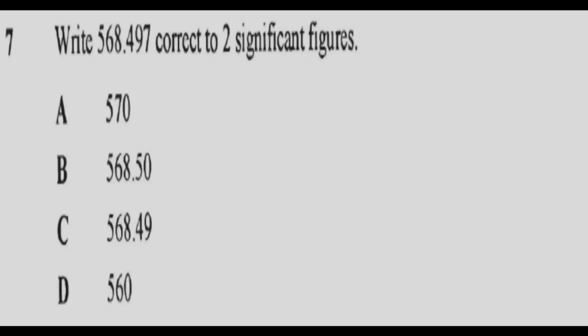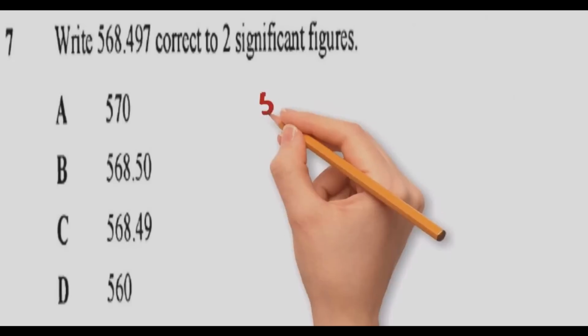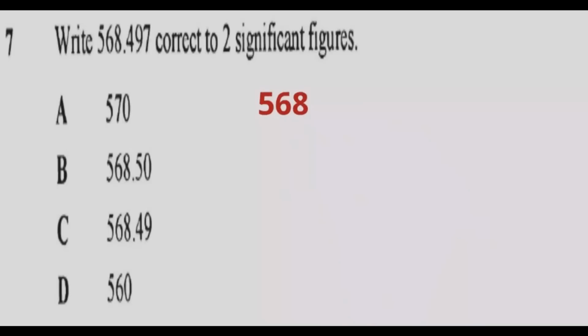If we have to remain with 2 significant figures, that means we are going to get rid of the numbers after the decimal point. Then we write 568, then we round it off.